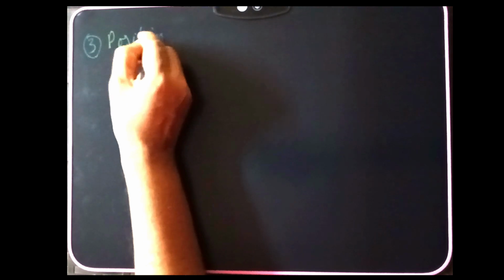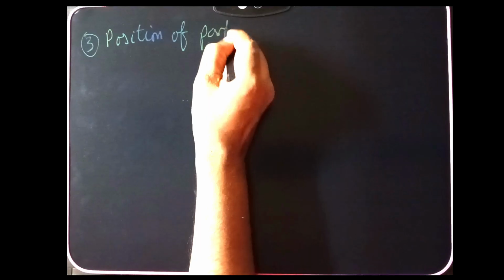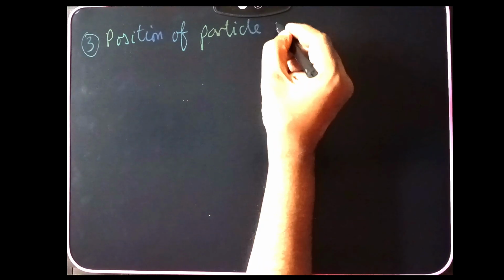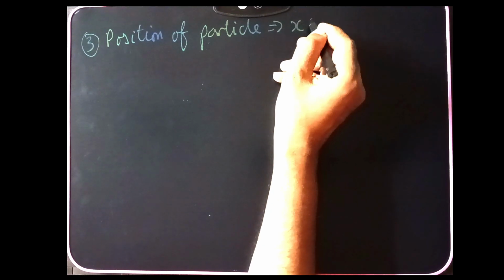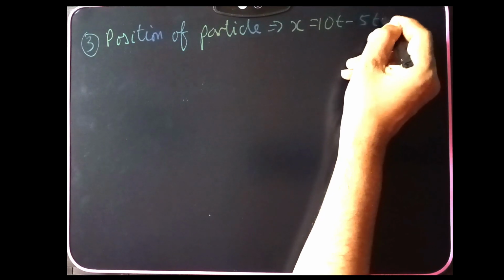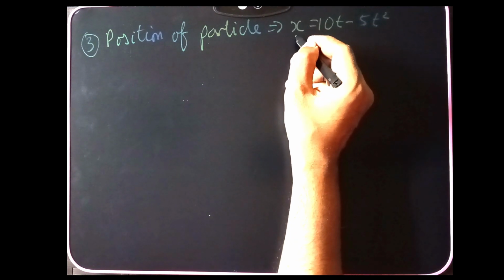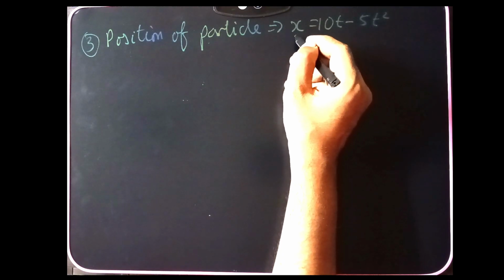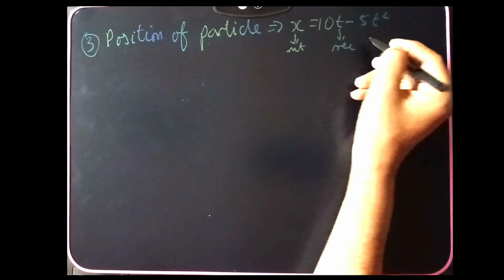Position of particle is given by x is equal to 10t minus 5t square. This is the position, so it will be given in meters, and time is in seconds.